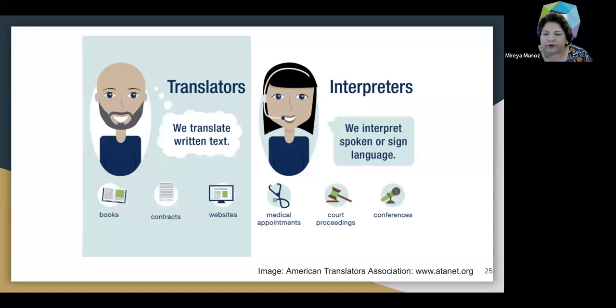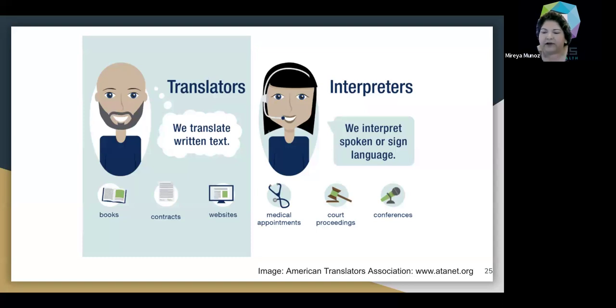While interpreters' task is to transmit the spoken or signed language. These typically work in healthcare settings, for example, during medical appointments, or mental health settings, court proceedings, or conferences, or even in this case, we have the wonderful interpreters helping transmit the message during this presentation as well.